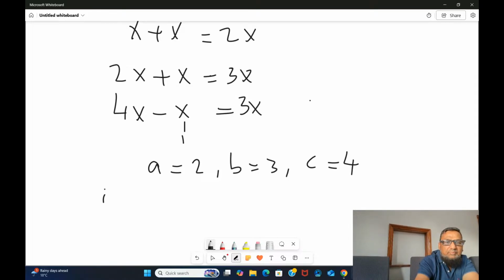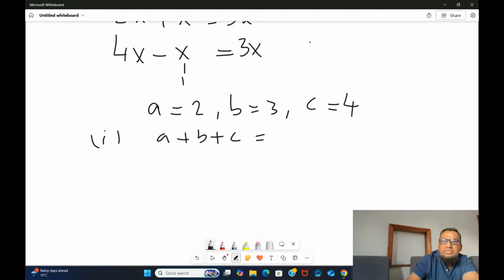Question number 1: if I say a plus b plus c, what you do is very simple. You just replace the value of a, which is 2, and the b value 3, and the c value is 4. So 2 plus 3 is 5, 5 plus 4 is 9.